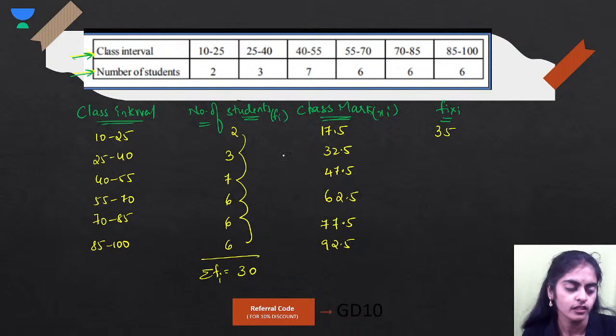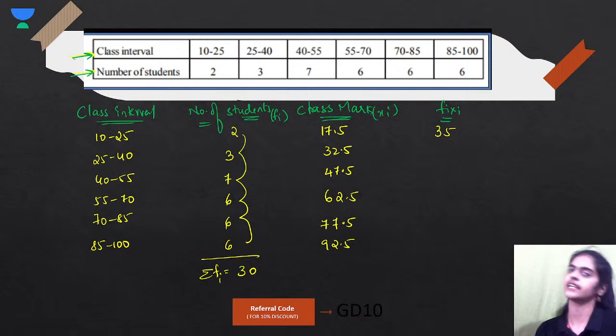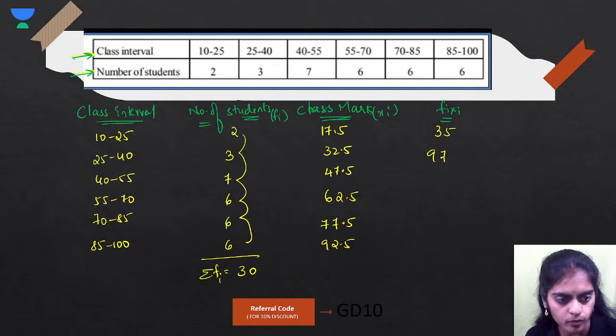Then 32.5 into 3. 32 into 3 will give you 96, and one more 1.5 you will have, so it is 97.5. Then 47.5 into 7, you will have 332.5.